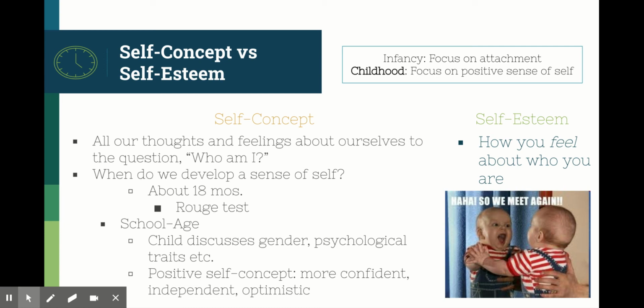They're also more likely to be securely attached. If we compare that to self-esteem, it's about how you feel about who you are. So, self-concept: who am I? Self-esteem: how do I feel about who I am? Do I have positive feelings about myself? Do I have negative feelings about myself?